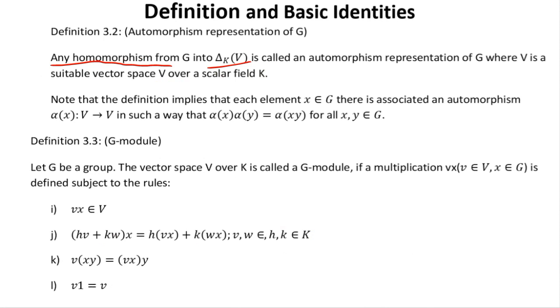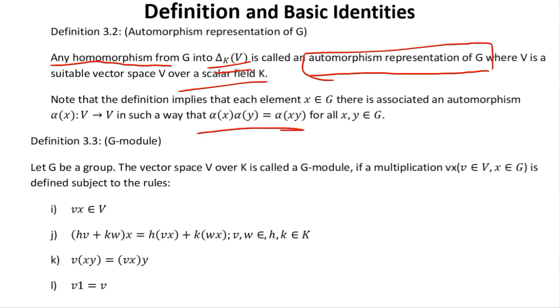So any homomorphism from G into the set is called an automorphism representation of G. So we have something called an automorphism representation of G, where V is a suitable vector space over the scalar field K.